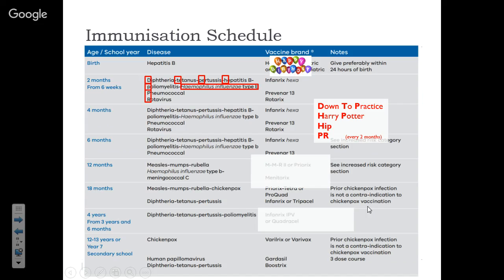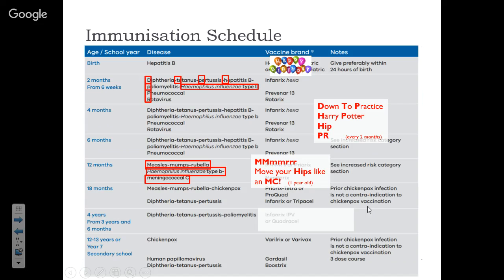And then you get to 1 year old, so 12 months, and you think, oh, I'm 1 year old, I'm on top of the world. I might throw myself a birthday party. I might move my hibs like an MC, so meningococcal C. Then we go 6 months later.